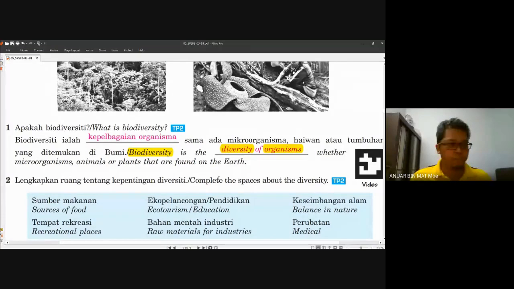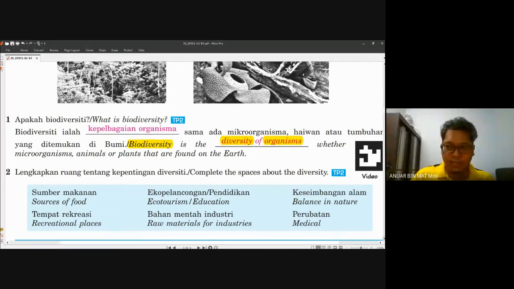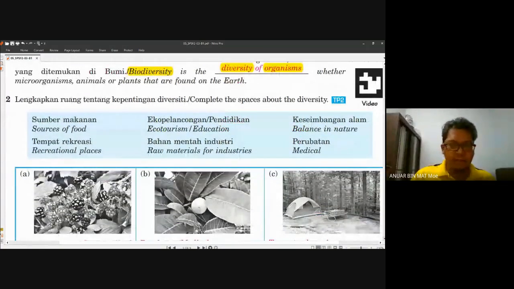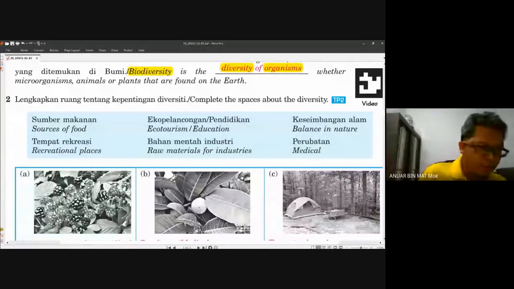So number 2A, question number 2, page number 3. The answer is already given, so you need to choose the right answer. 2A: animals and plants are sources of food for humans.